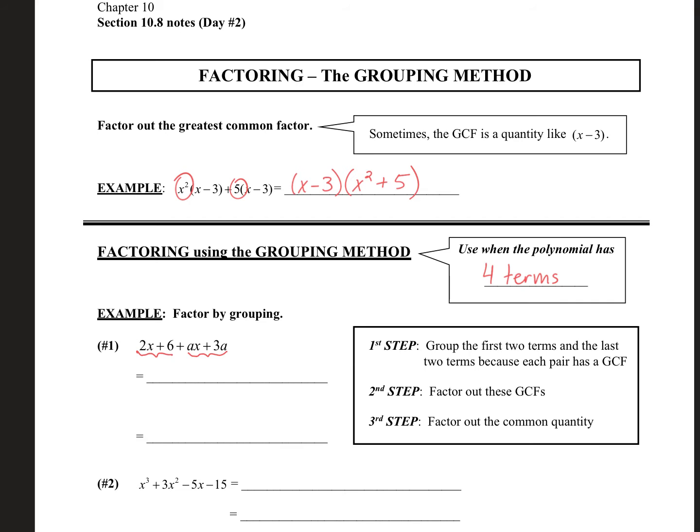The greatest common factor of the first 2 terms is just 2, and then we're left with x plus 3. We take the sign from up here, we're adding, and then we look at the greatest common factor of the third and the fourth term. In this one, the greatest common factor is a. If we divide each of those terms by a, we have x plus 3.